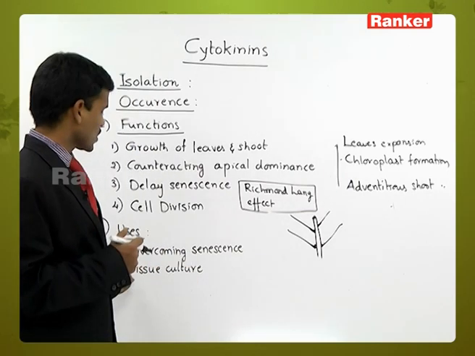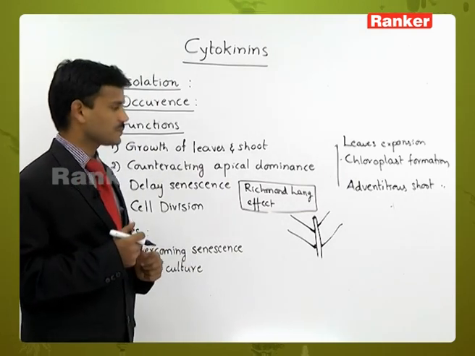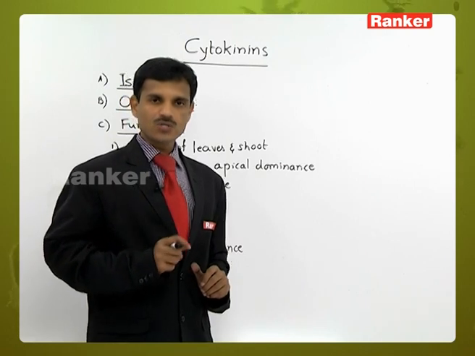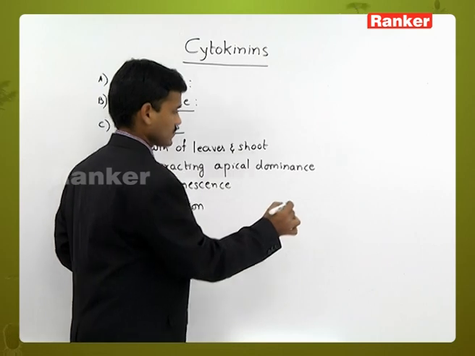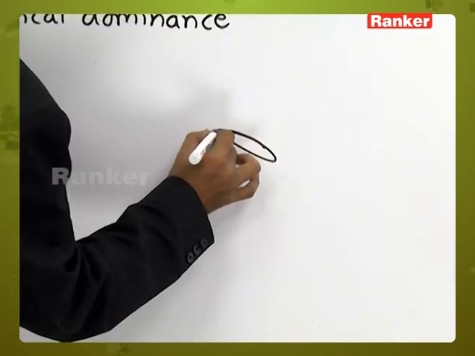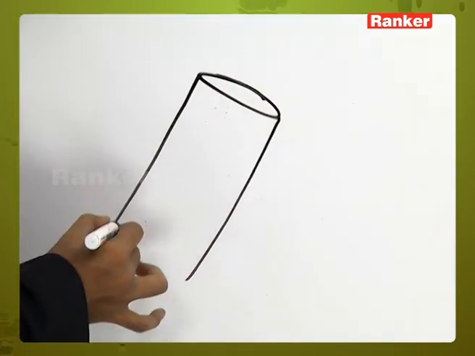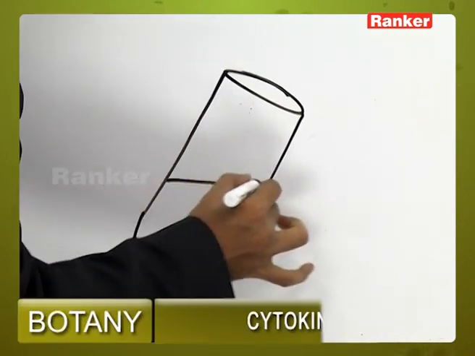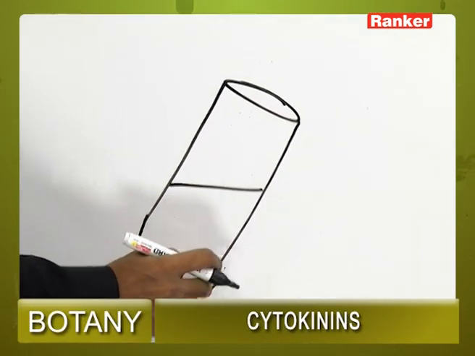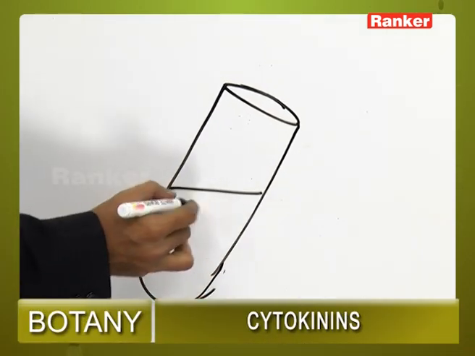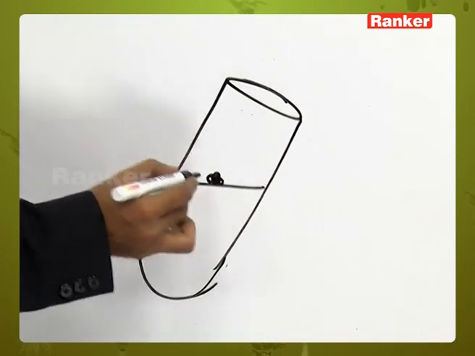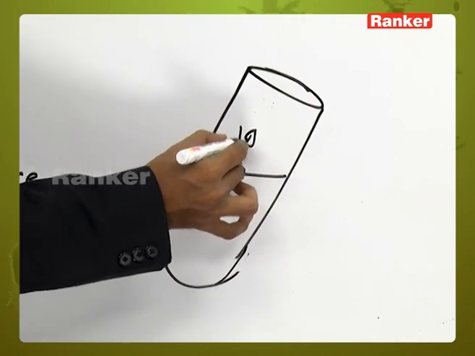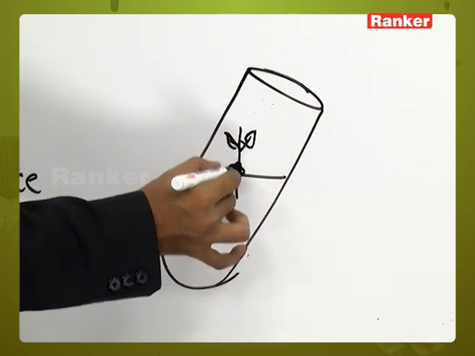Next one is tissue culture. In the tissue culture technique, the tissue is cultured on a suitable medium and develops into a new whole plant. The medium contains the nutrients or all food materials, and under suitable conditions, some tissue develops into the whole plant.